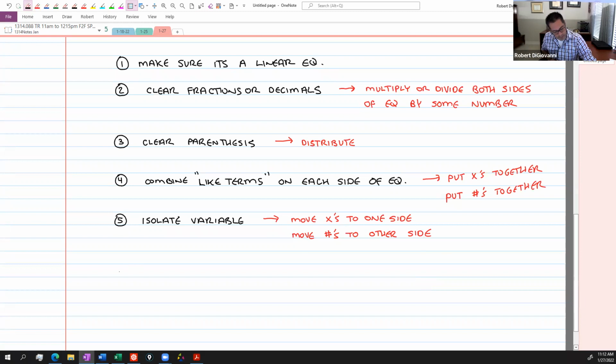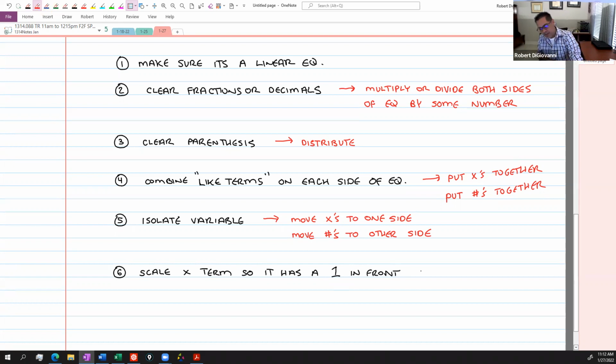Almost done. Next thing we will do is scale the x term so it has a 1 in front of it.